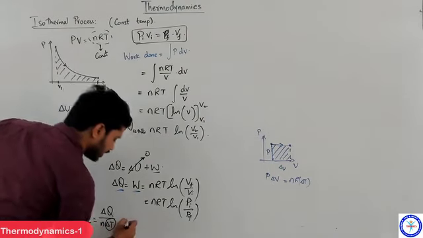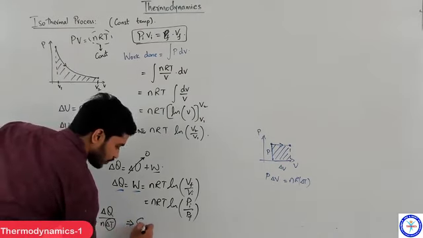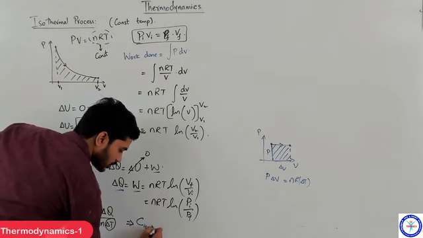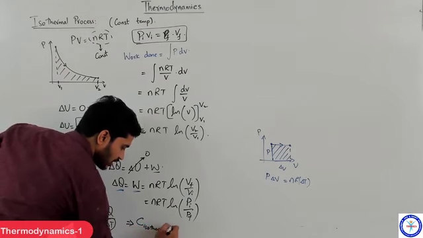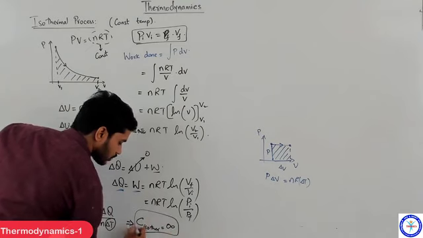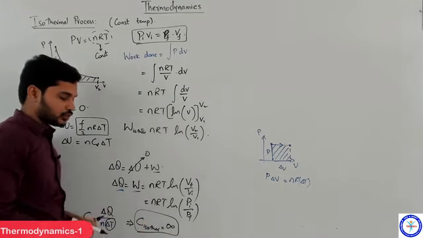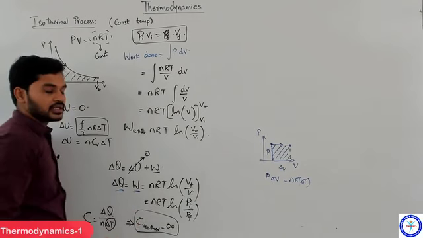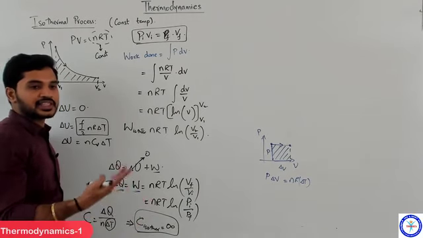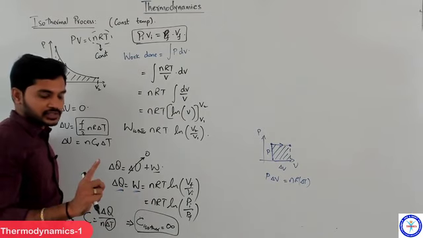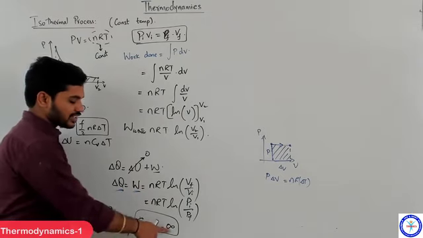Right? So what this means is, C for an isothermal process is infinity. Clear? Now, what does that physically mean? You know that C basically means the heat that should be supplied to increase the temperature by 1 degree Celsius. So for an isothermal process, it is infinity.